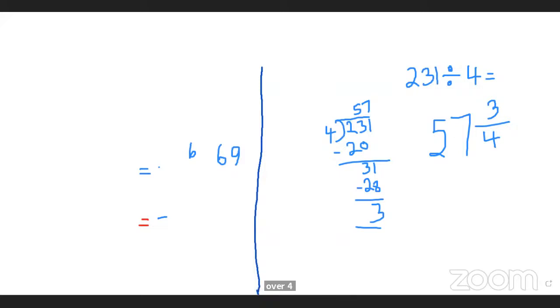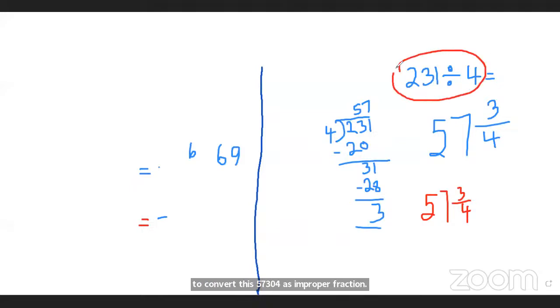Good, it's bigger. Okay, that's good. Nice. So now how to convert this 57, 3/4 into an improper fraction? That means I want to get this answer, 231 divided by 4. That means fraction over 4. Good.